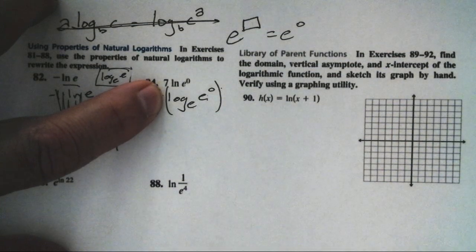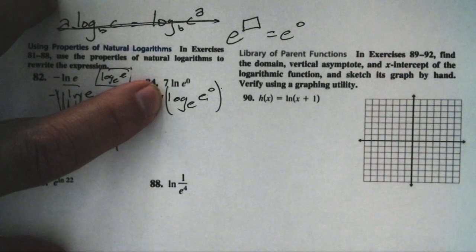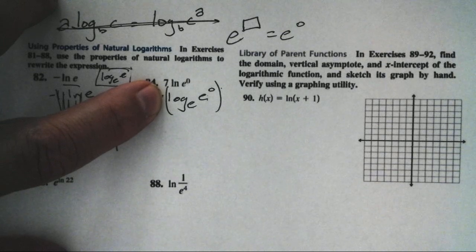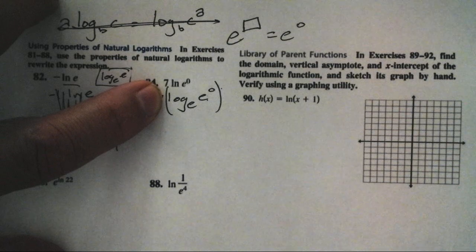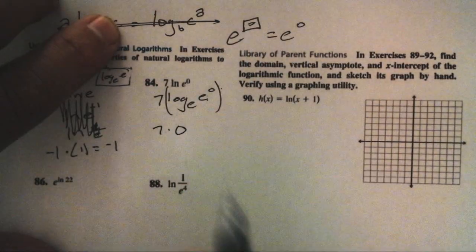Asking this question of somebody who's well versed in logarithms would be like asking an 8th grade math wizard what is 7 times 43 divided by 7. It's pretty clear to him. What's the exponent that turns e into e to the 0th? Of course it's 0, so this is 7 times 0.